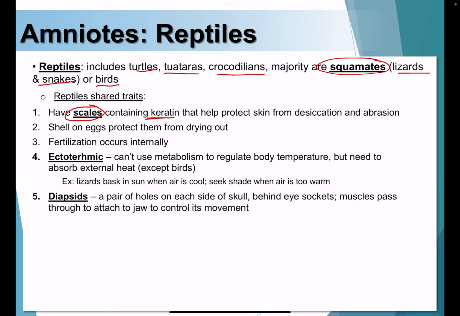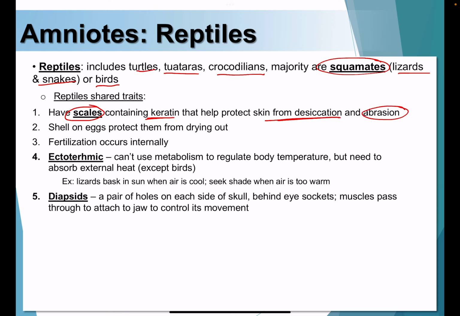These keratins protect the scales of reptiles as well. Like I said, we are moving on land now, so they need something that prevents them from dehydrating, and keratin would be that. It helps protect the skin from desiccation and also abrasion.